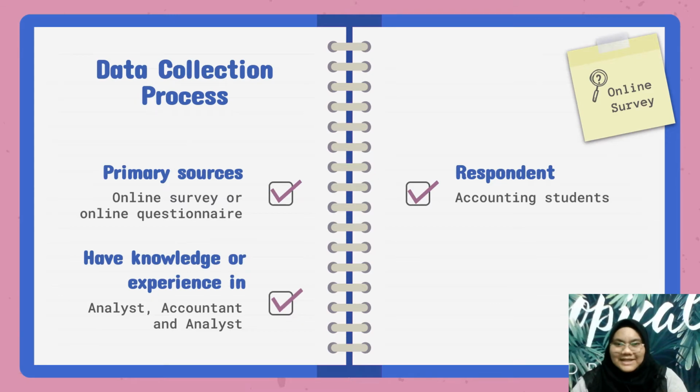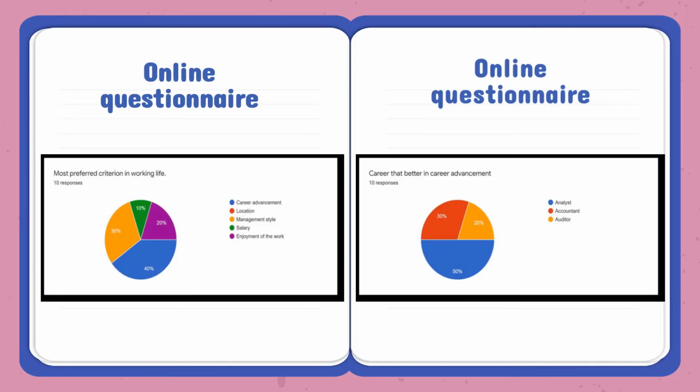The data were taken from a primary source, which means an online survey or online questionnaire was conducted. The online questionnaire was sent to all accounting students who have knowledge or experience in that career field, which are analyst, accountant, and auditor, to know their opinion or preference. These are the questions asked of the respondents.